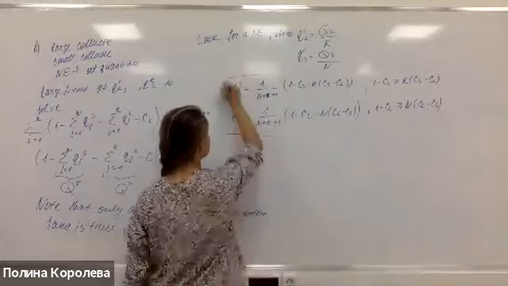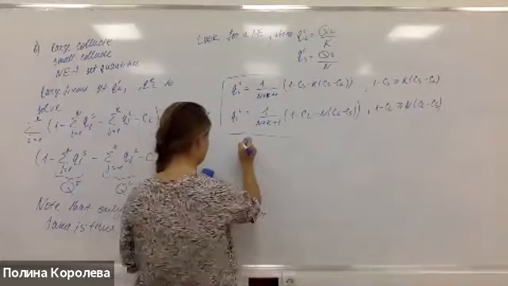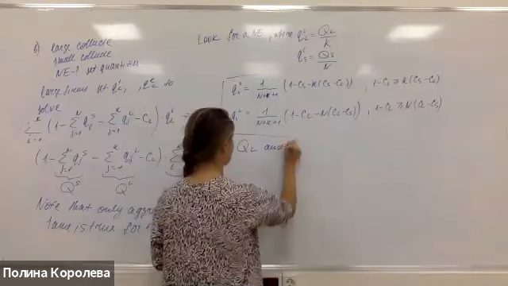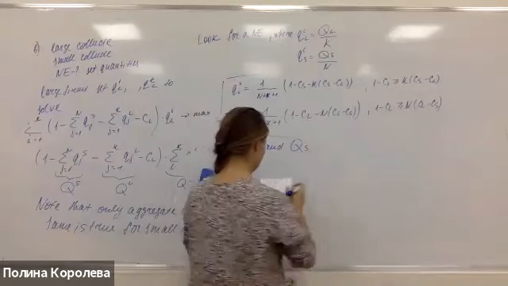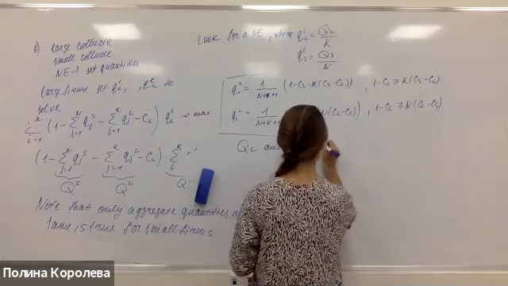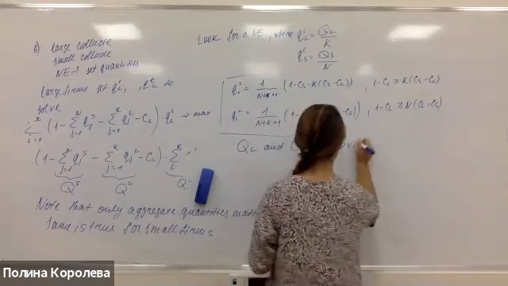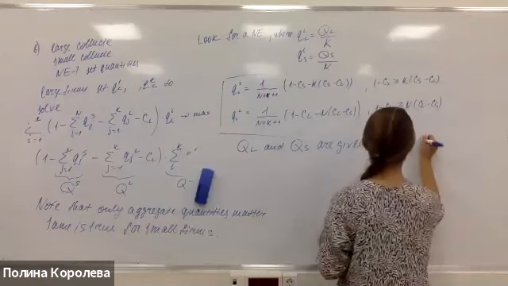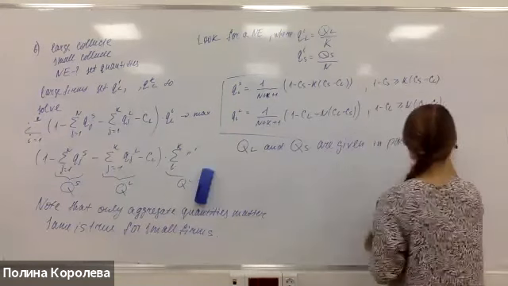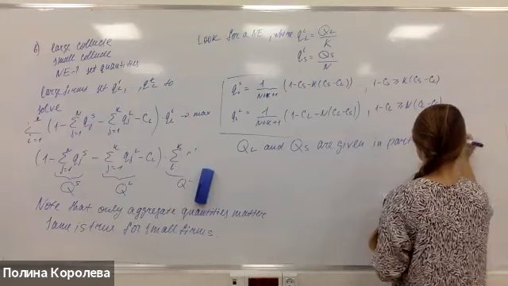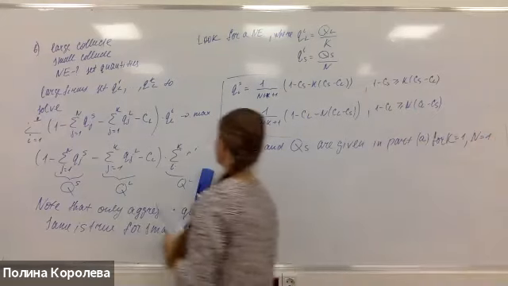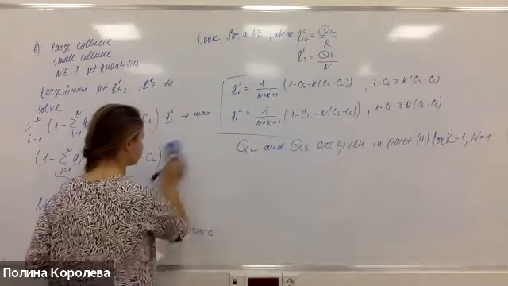Let's write down. Quantity for large and quantity for small are given in part A for K equal to 1 and N equal to 1. And that's all. And we can write the answer.